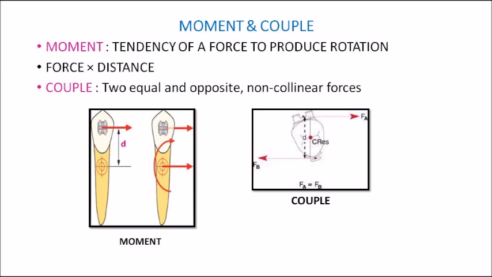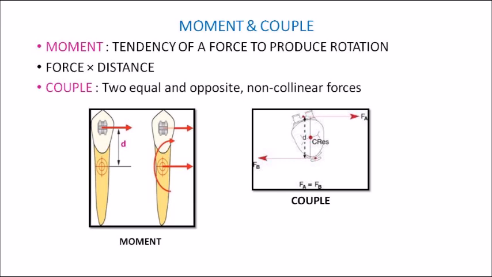Now let's talk about couple. A couple is when two equal and opposite non-collinear forces are acting on an object. The forces should be equal in magnitude but opposite in direction. That will again produce a rotation of the tooth. Please look at the picture.